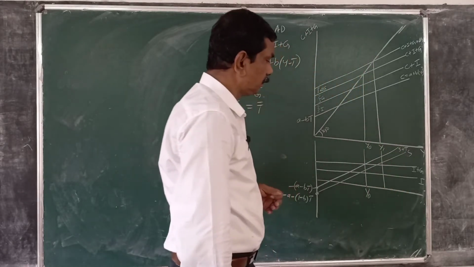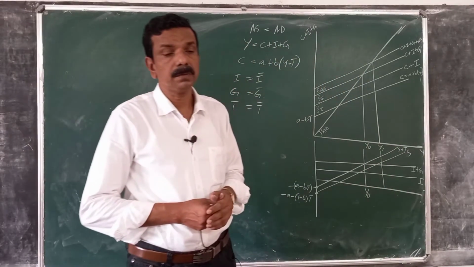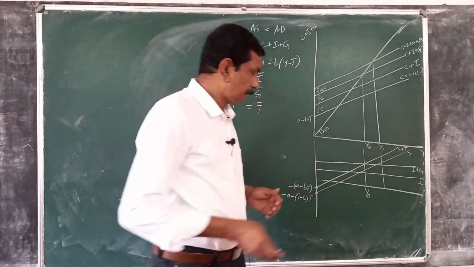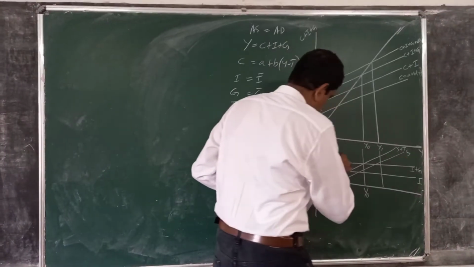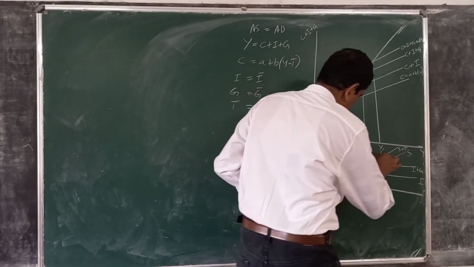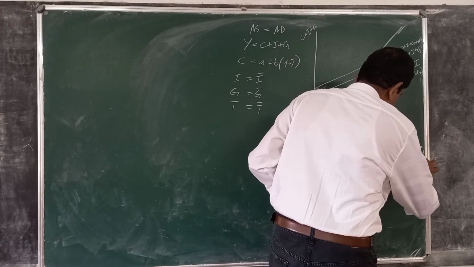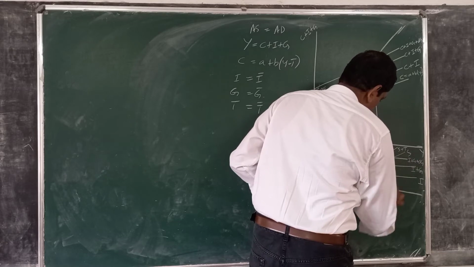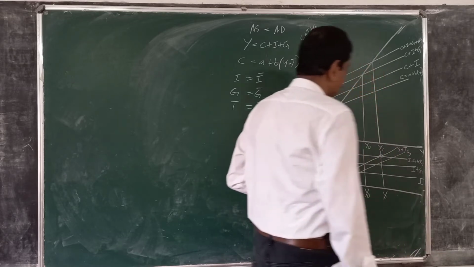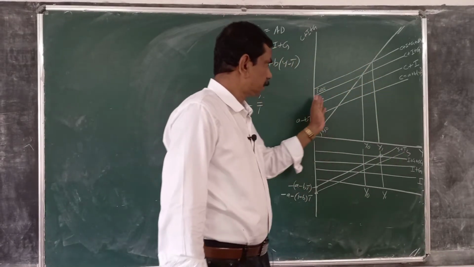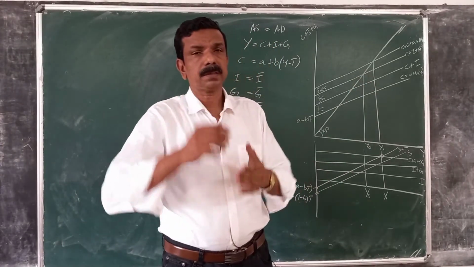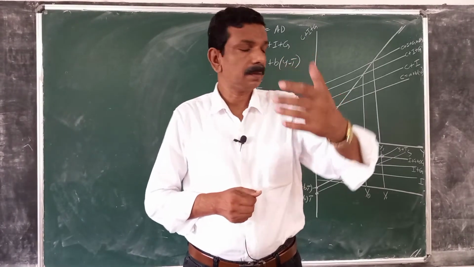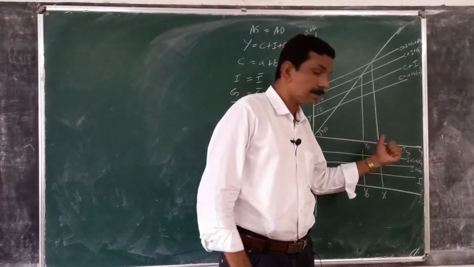In terms of saving income equality, this is shown as I plus G plus delta G equal to S plus T at a level of income Y1. So government purchases of goods and services increase, and the equilibrium level of income increases from Y0 to Y1.